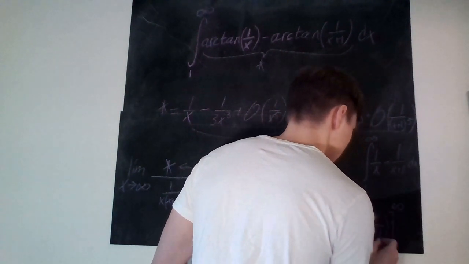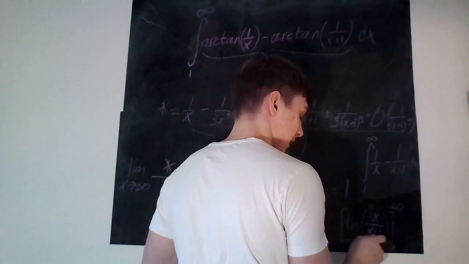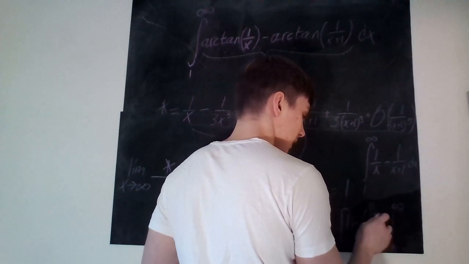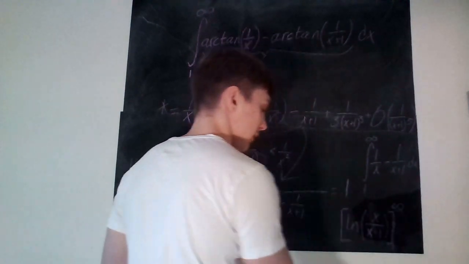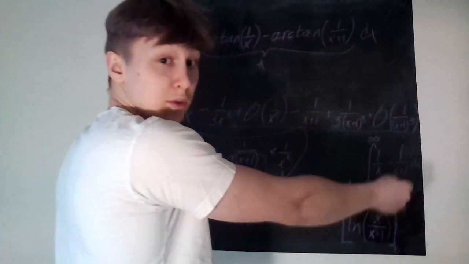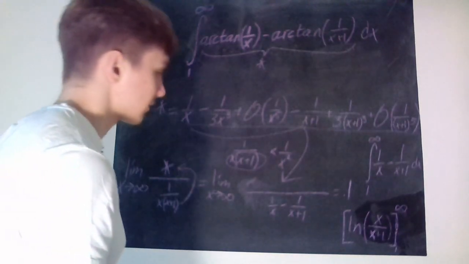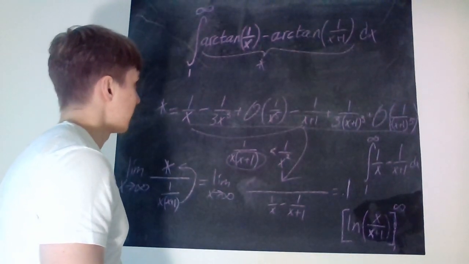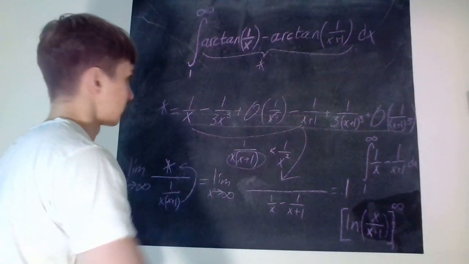And what is that? Well, we plug in 1, that is ln of 1/2. And then at infinity, you get ln 1, which is 0. So you could use this way to show that it also converges. So yeah, that was everything done. So yeah, conclusion, it converges.